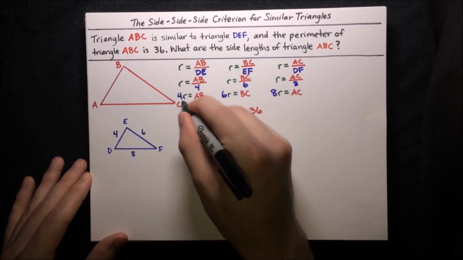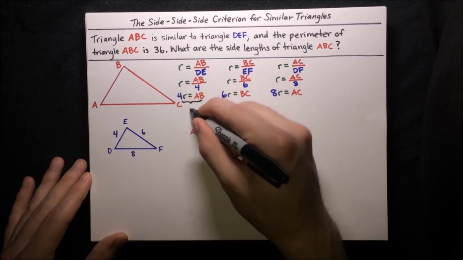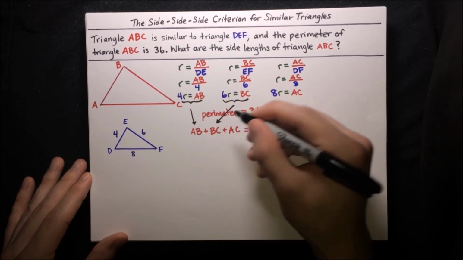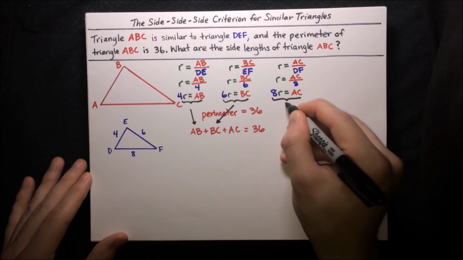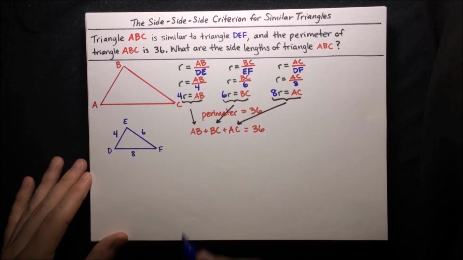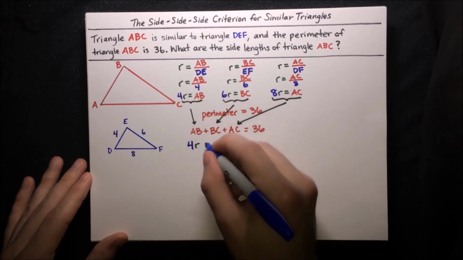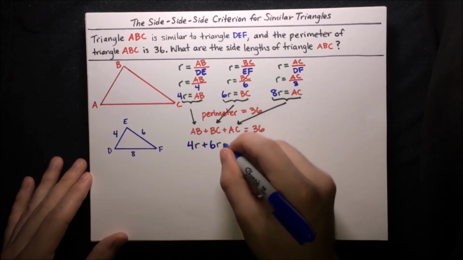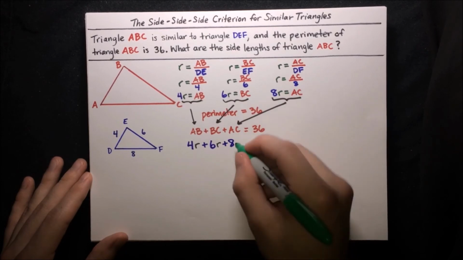Now we can go ahead and substitute into the perimeter equation for AB, BC, and AC. So AB equals 4r, then BC is 6r, and then AC is 8r.